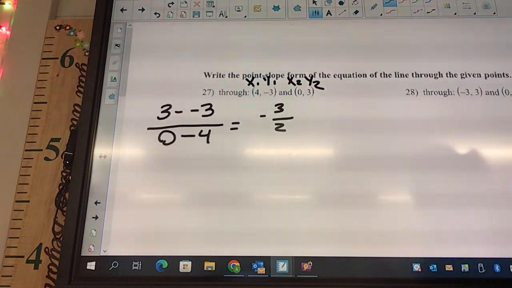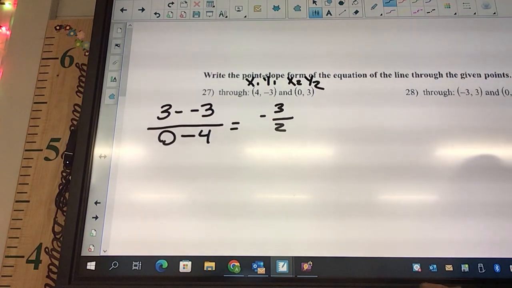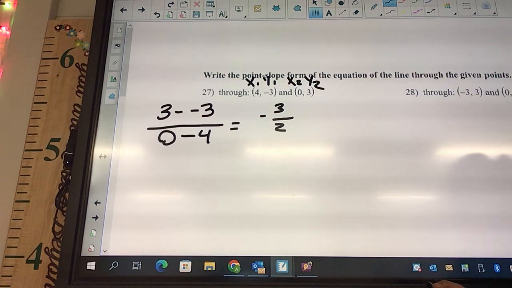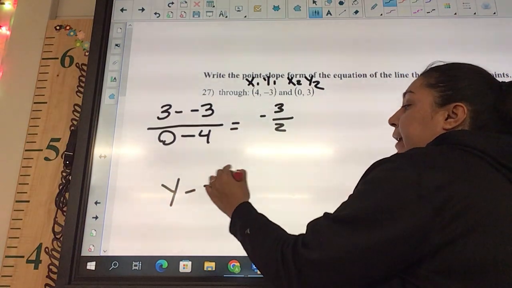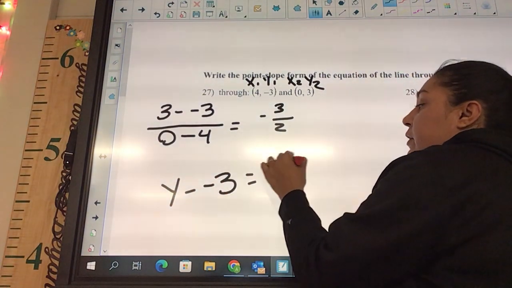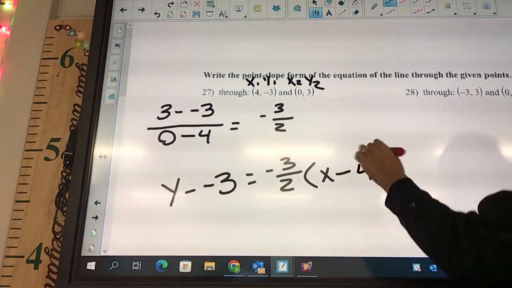Somebody else get that? Okay, and then now we have our slope, but we need to write it in point slope, which is the form that we just did on the other page. Okay, so it's going to look like y minus y1, which is -3, equals -3/2 times x minus my x1, which is 4.